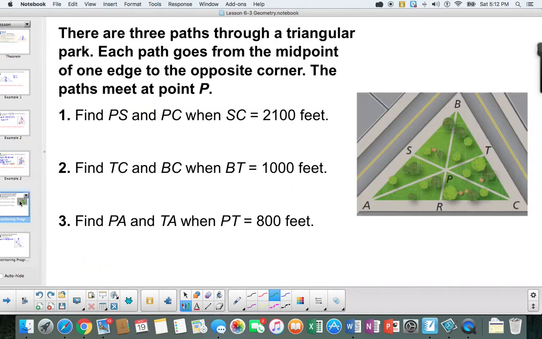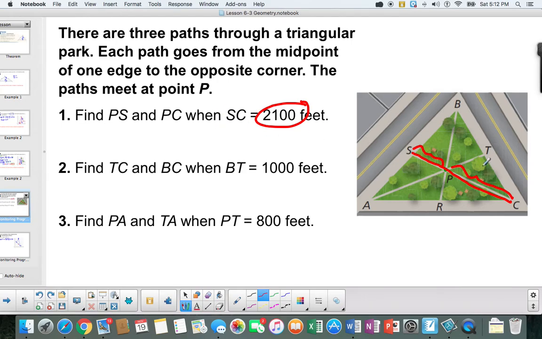All right, let's take a look at this. This is also a centroid, and we want to figure out these paths. So SC, this whole length right here, is 2,100 feet. And we want to figure out PS, and we'd like to figure out PC.